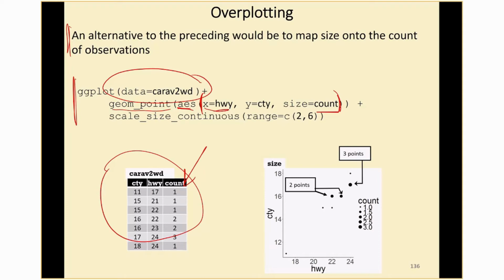Highway mileage goes on the x-axis, city mileage on the y-axis, but now we've mapped size onto this variable count, so each one of these records is evaluated, and the size of the marker is going to be determined by the value of count. So once more, we can see our 11 records. 1, 2, 3, 4, 5, 6, 7, 8, 9, 10, 11.